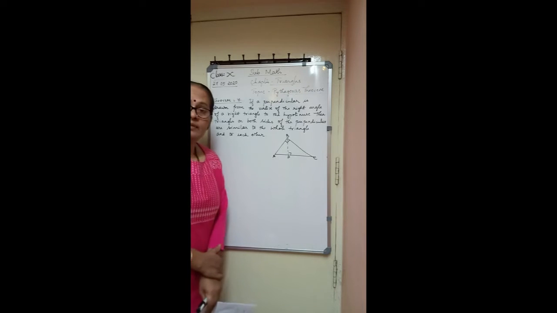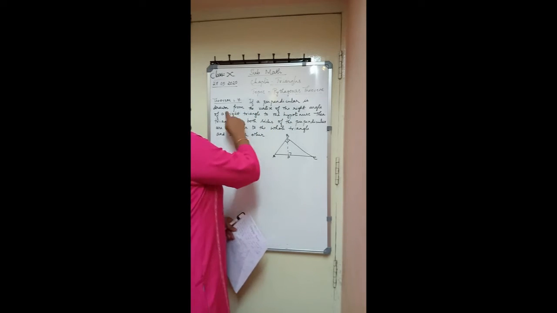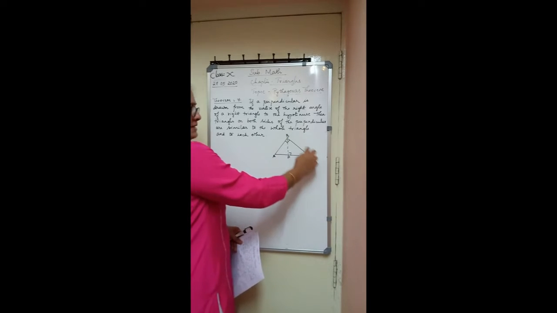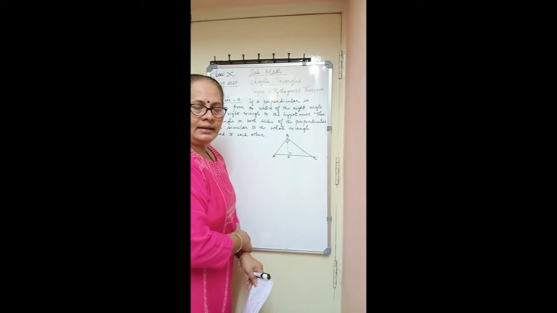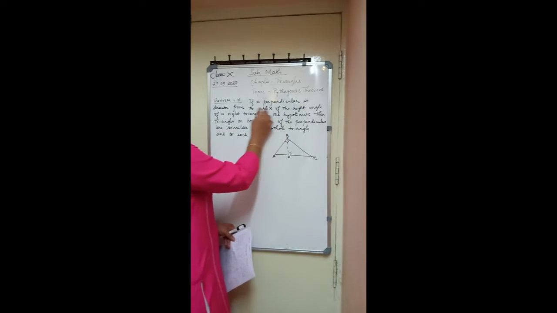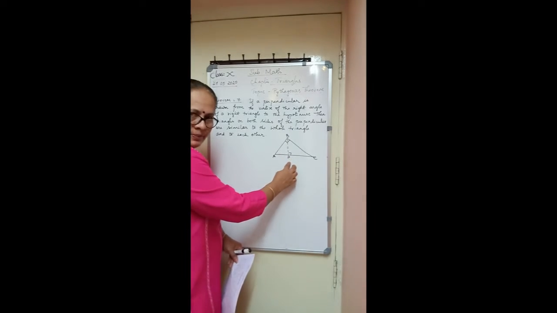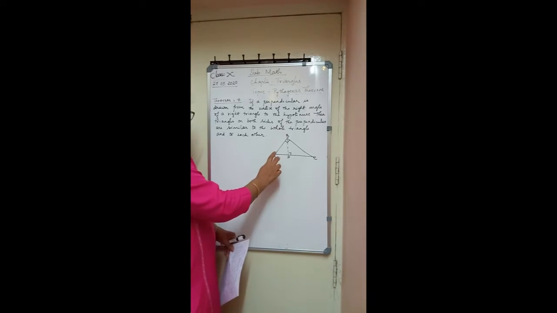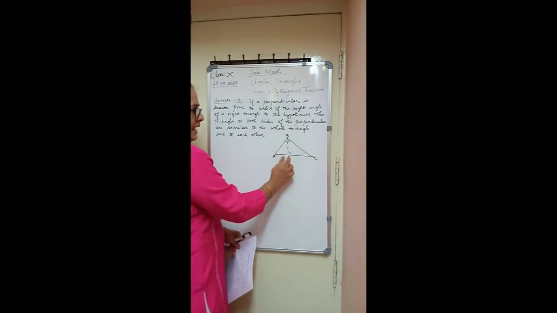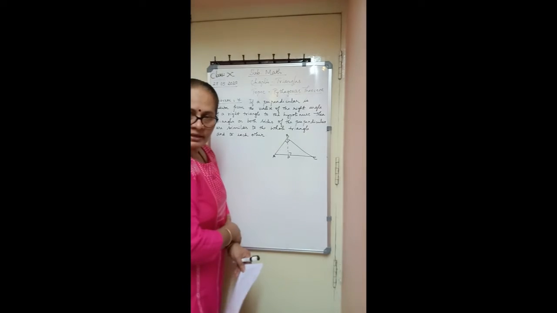Pythagoras theorem 6.7 states that if a perpendicular is drawn from the vertex of a right angle, so ABC is a right angle triangle at B, then if you draw a perpendicular from the vertex, that is from B to the hypotenuse, then the triangles on both sides of the perpendicular, that is ADB and BDC, are similar to each other.